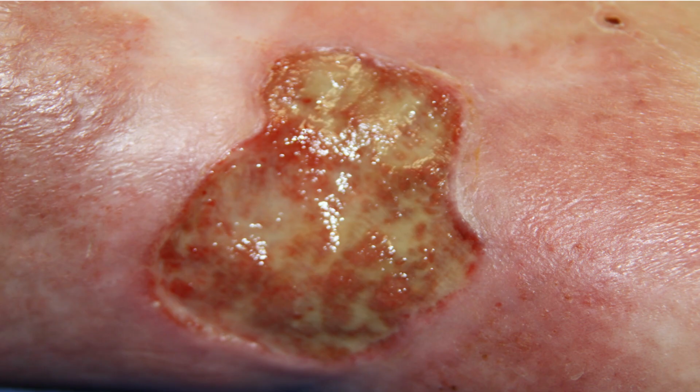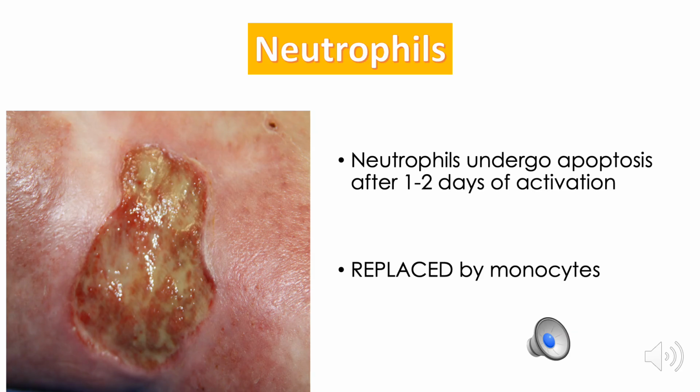I have 2 questions. Which among these types of neutrophils undergo apoptosis 1 to 2 days after their migration towards the site of infection? They must be replaced by another cell that is also good at phagocytosis to continue the battle. And the cell that will replace the neutrophil is the monocyte.